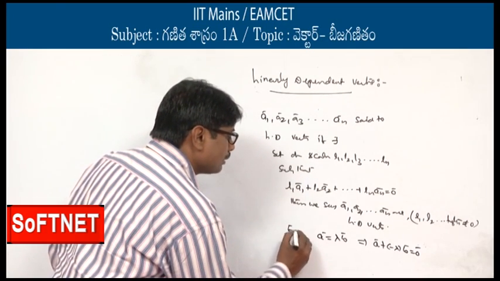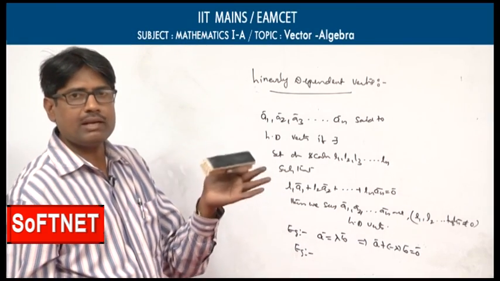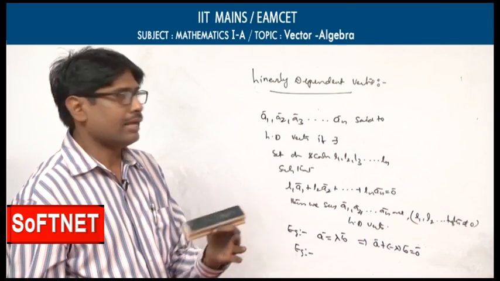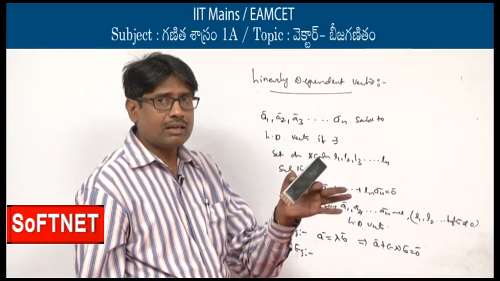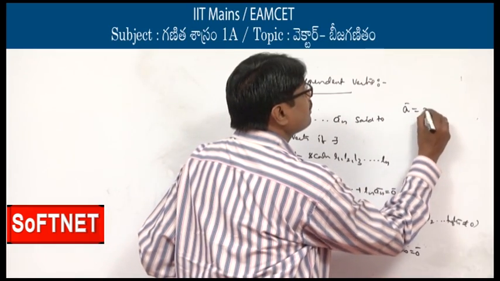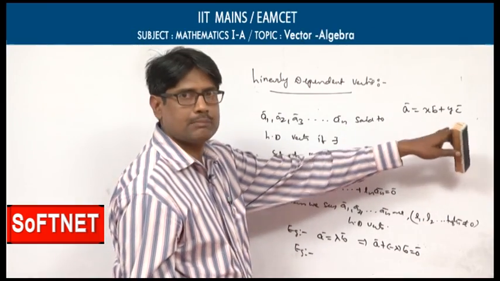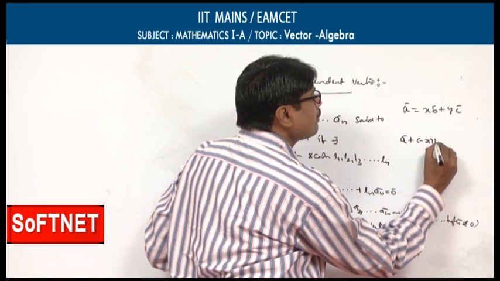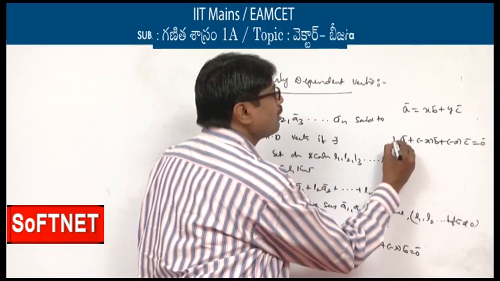Second example: all coplanar vectors are linearly dependent. Just now we have seen that vectors A bar, B bar, C bar are said to be coplanar if one vector is expressed as a linear combination of the other vectors, that is A bar is equal to x times B bar plus y times C bar. So A bar minus x times B bar minus y times C bar is equal to 0 bar, where the coefficient 1 is not equal to 0.